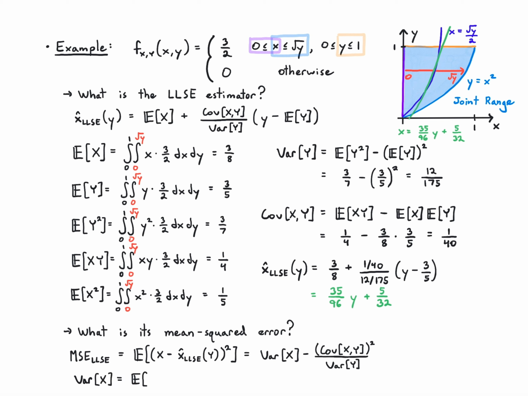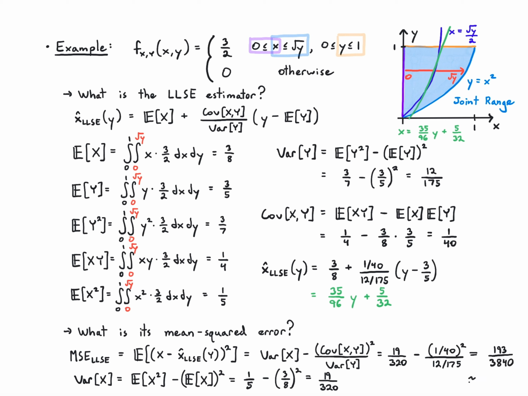I have the second moment of x minus the square of the mean of x. That's going to be a fifth minus 3/8 squared, which is 19/320. Putting the whole thing together, 19/320 minus 1/40 squared over 12/175 turns out to be 193/3840.